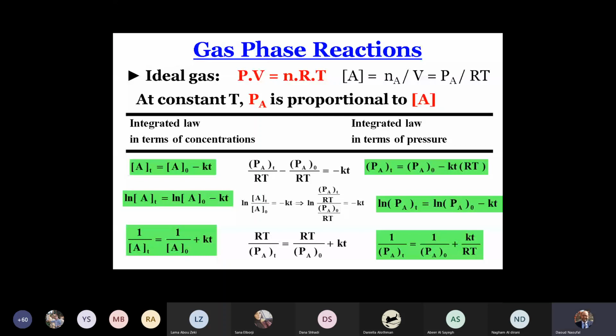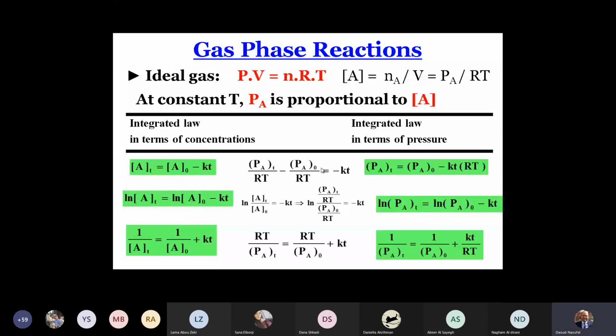If the reaction is of zero order, we can study the variation of the concentration as a function of time, and we should obtain a straight line. And we can study the variation of the pressure as a function of time, and we should obtain a straight line. So these are the relations of the integrated rate law according to the pressure. Instead of using concentration, we can use the partial pressure of A.